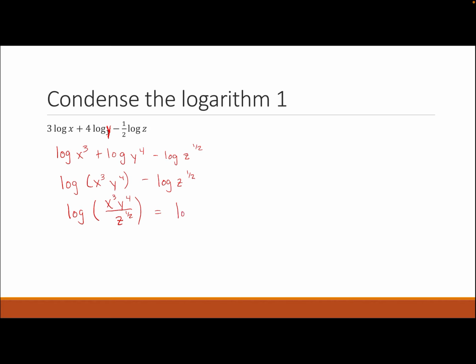And remember, the 1/2 exponent is the same as the square root. So our condensed logarithm is log of x cubed y to the 4th divided by the square root of z.